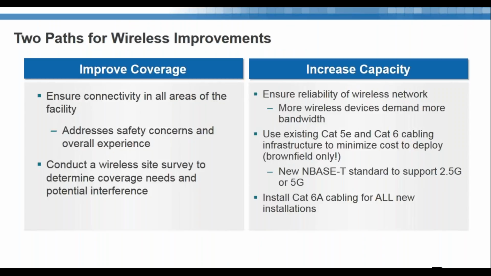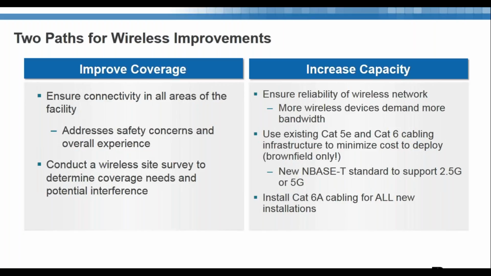So there's really 2 paths to take for wireless improvements. First, you want to improve your coverage. Make sure you've got coverage in every corner of the building. This really addresses safety concerns and then overall experience for both your students and your staff.